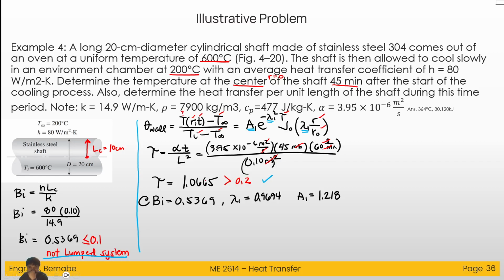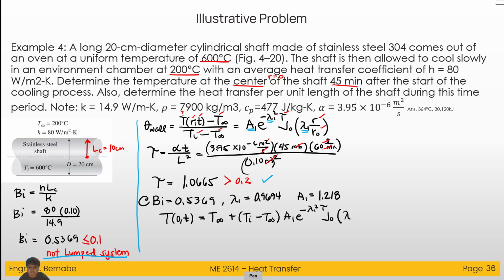We can solve now for the temperature at the center. So the temperature at the center, T of 0, at this given time is equal to, let me just reconfigure this, guys, T infinity plus Ti minus T infinity, then A1 e raised to negative lambda squared tau, times the Bessel function of lambda r over r0.